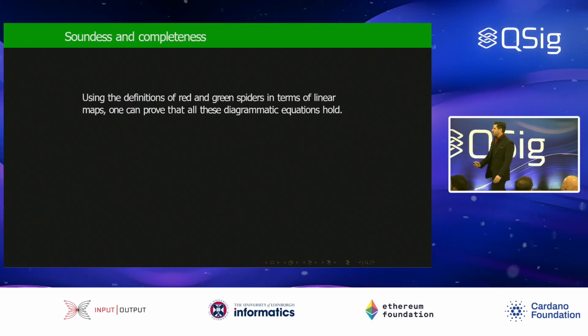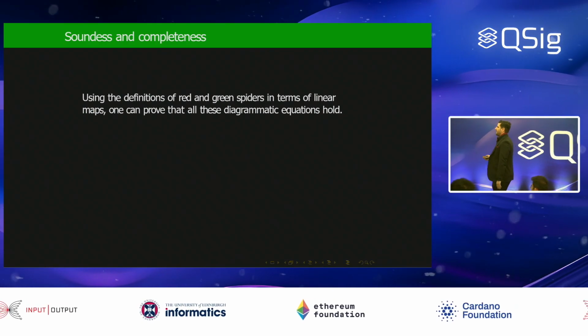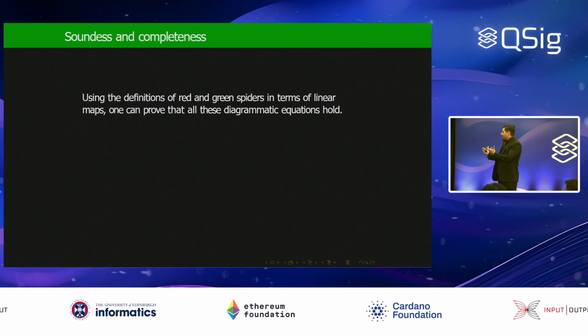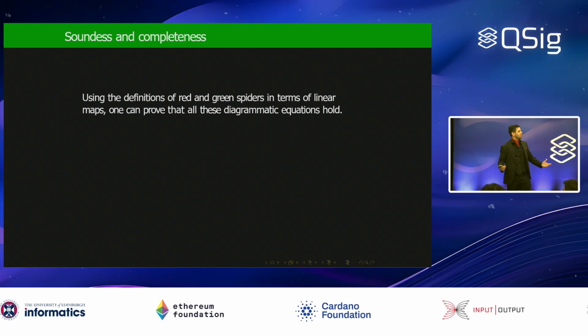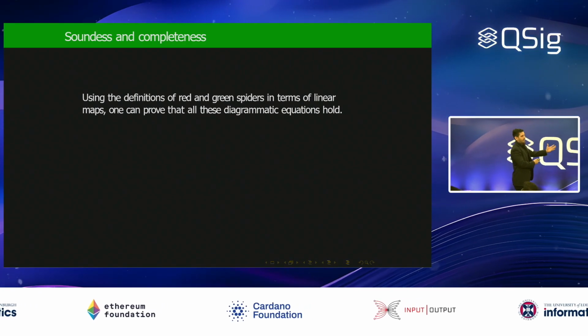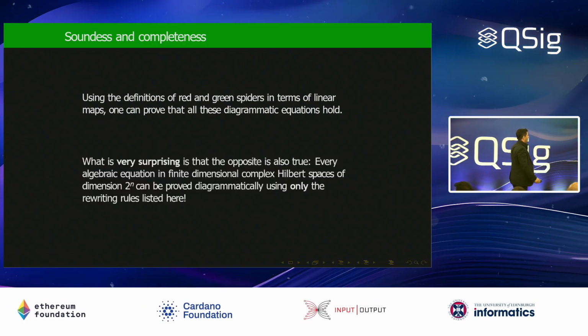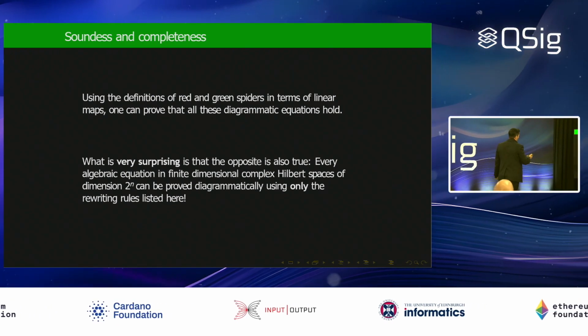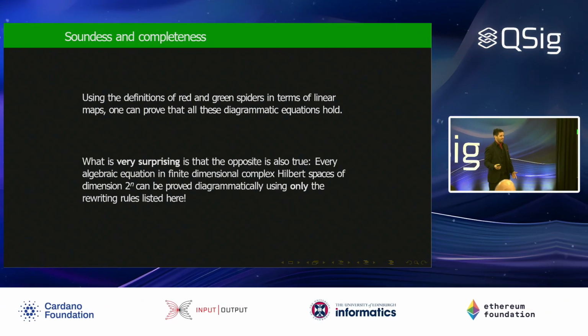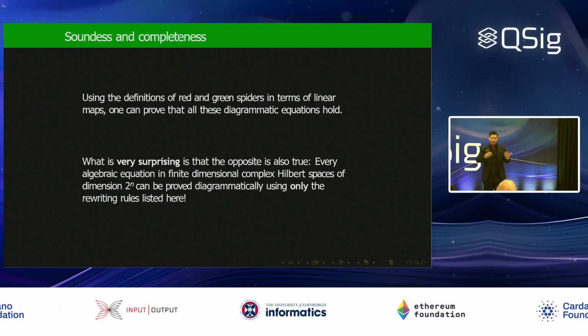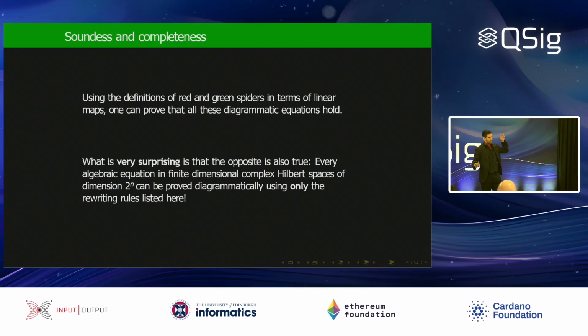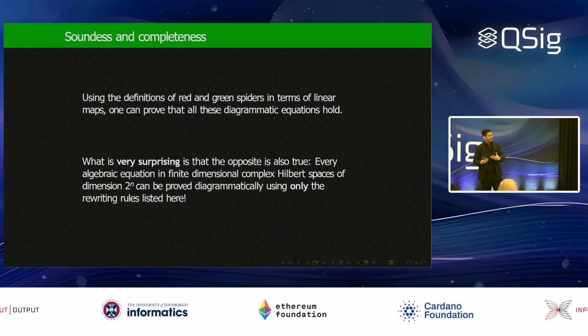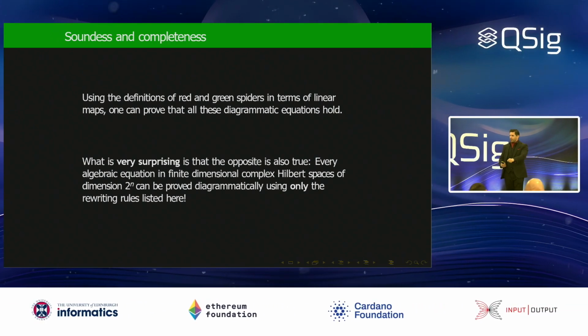And using these equations, you can basically prove everything that you do with algebra by manipulating these little things. And one direction is not that surprising. If you take these spiders, you map them to the interpretation I gave you in the beginning, and you verify the equations, you write down the matrices and everything.